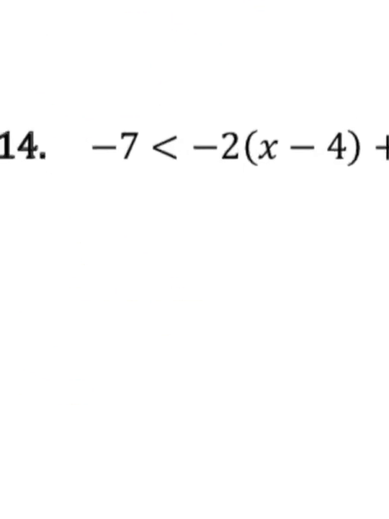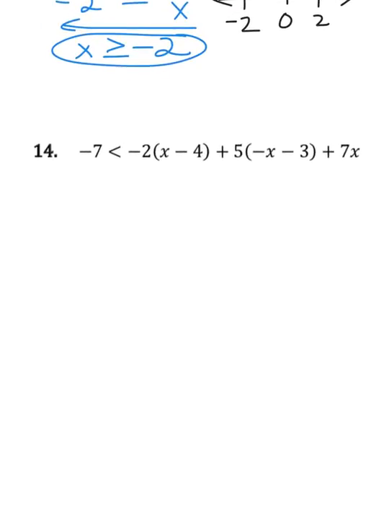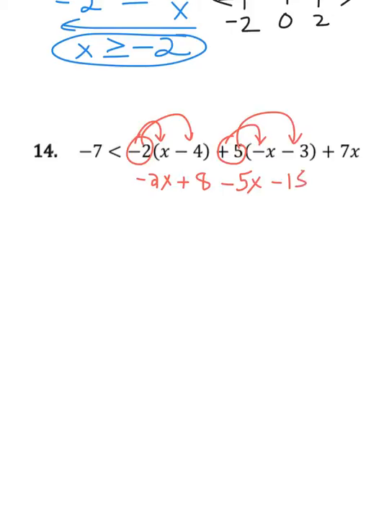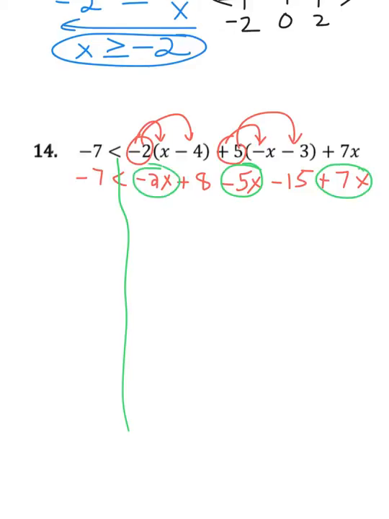And the last problem on this page, whoo, look at all that. Let's start right here. Negative 2x plus 8 plus, nope. This is going to be a negative 5x minus 15 plus 7x, negative 7. Here's my symbol. Combine, combine, combine.